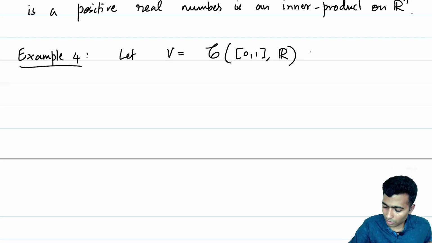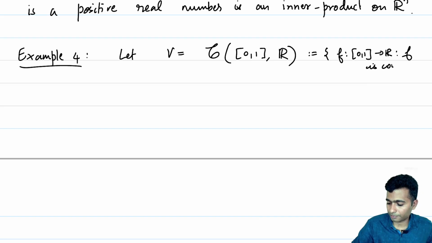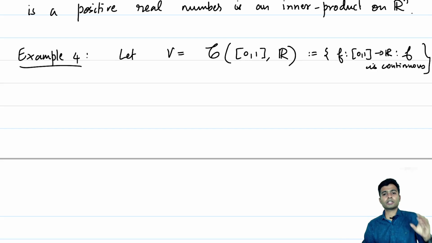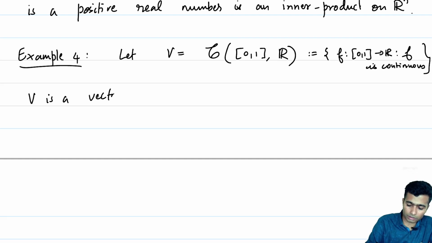This is C of 0, 1 to R, which is the set of all f from 0, 1 to R such that f is continuous. So let's consider continuous functions, real valued continuous functions from 0, 1 to R. This is a vector space over R. So V is a vector space over R.